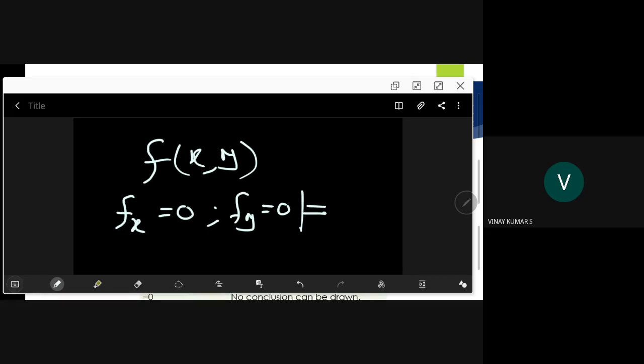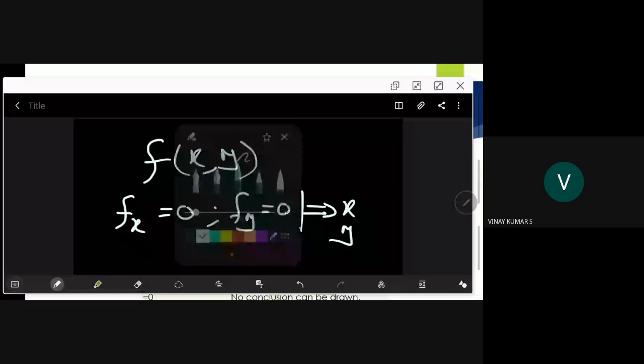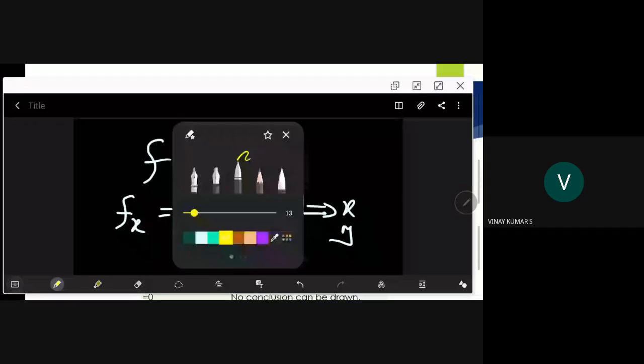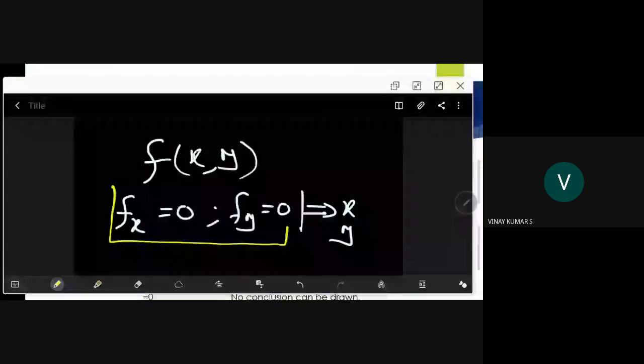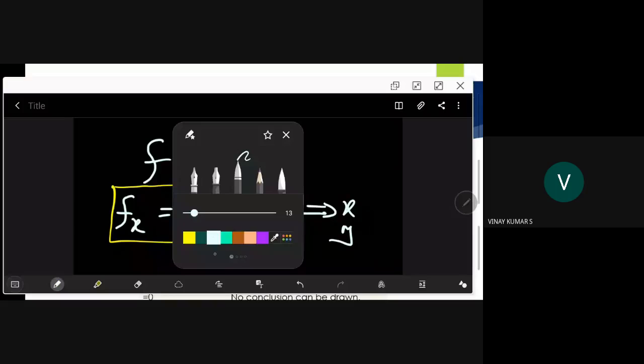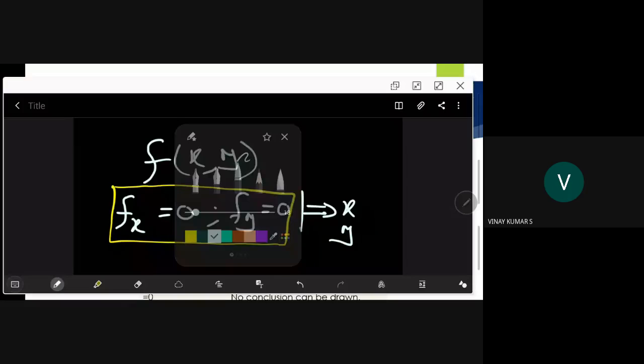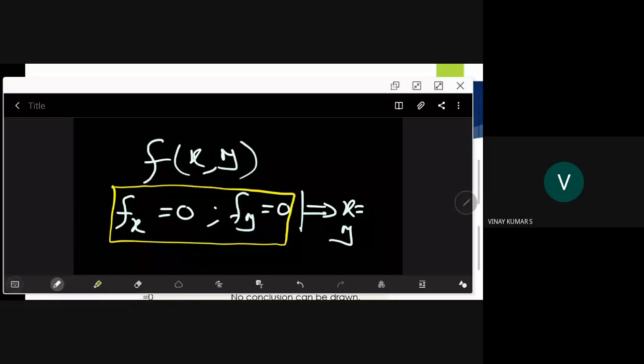You find x and y from these two equations. Suppose x is a, y is b.